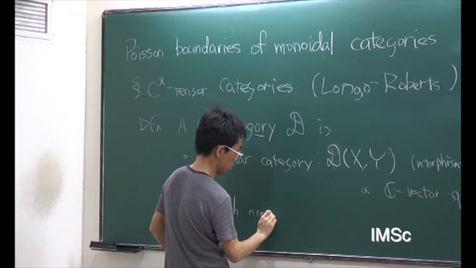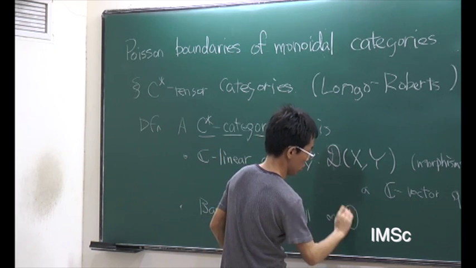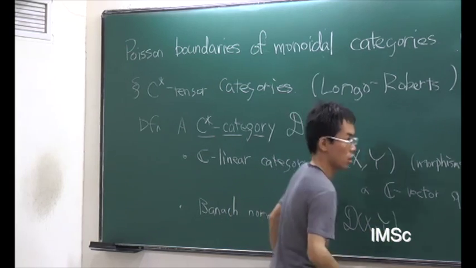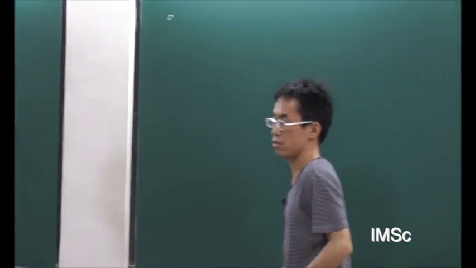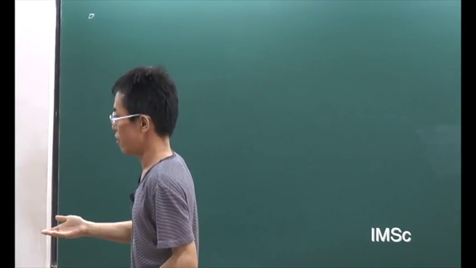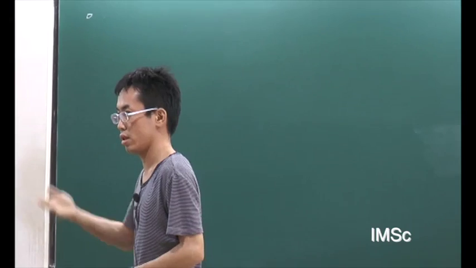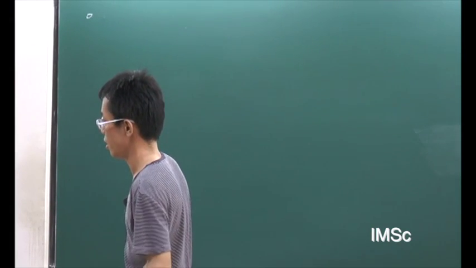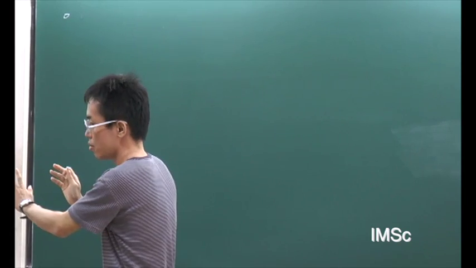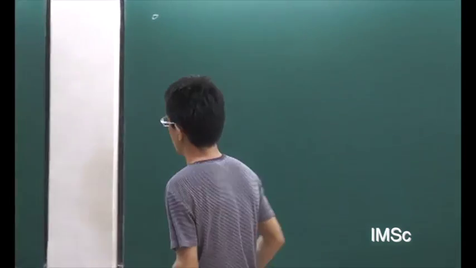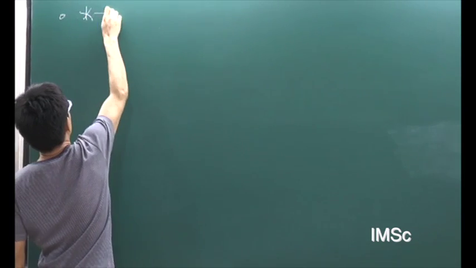And most importantly, there is an involution like in the C-star algebra. This involution has to be conjugate linear, so the scalar can pop out as a conjugate number. And also, as in C-star algebra, it's anti-multiplicative, so the order of product changes.